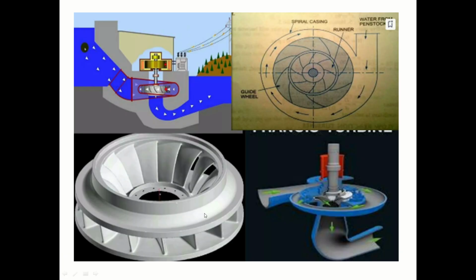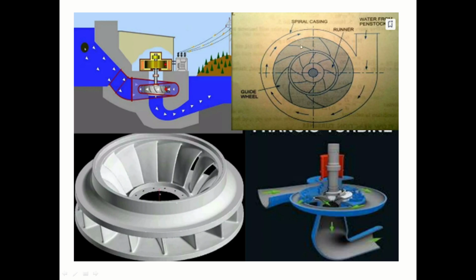See, this is how a spiral casing will be there and a guide wheel is there and inside is the runner. So water from the penstock, I told you already, the penstock is a large pipe which carries water from the source to the turbine. So water is carried through this penstock and travels through this spiral casing, enters through these guide wheel blades, and then from there it enters the runner.